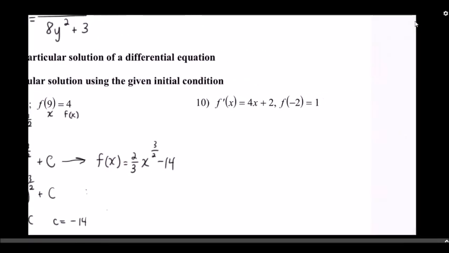Now moving over here, question 10, exact same thing. Just different kind of function. We have a linear function, but it's still going to use the power rule. So we need to find the antiderivative. So we need to integrate 4x plus 2. So we're going to get 4x squared over 2 plus 2x plus c.